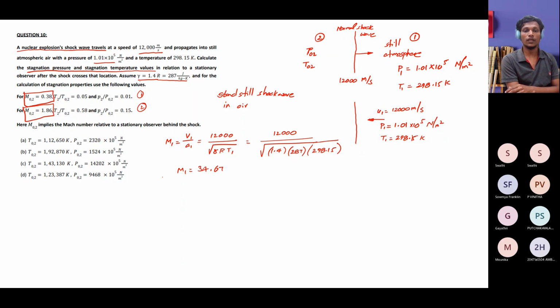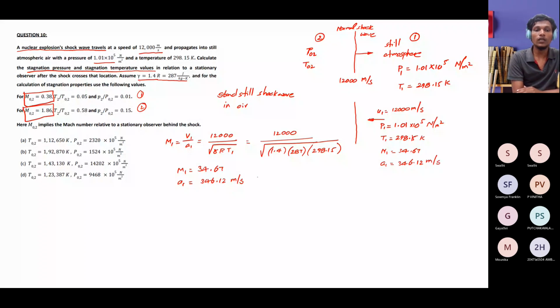And if you also solve the denominator, that is the speed of sound A1, you will get around 346.12 meters per second. So let me write these things here. M1 equals 34.67 and A1 equals 346.12 meters per second. Okay, so this is the data we have now.